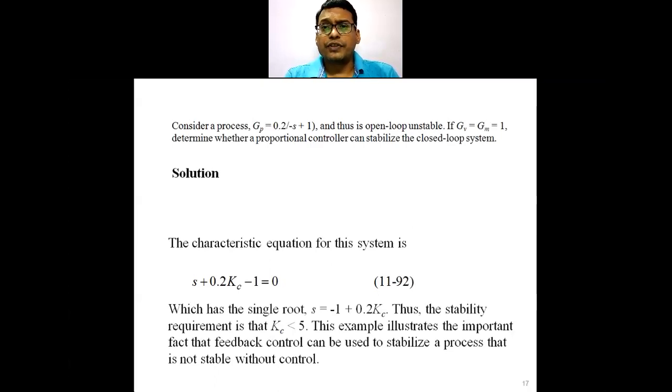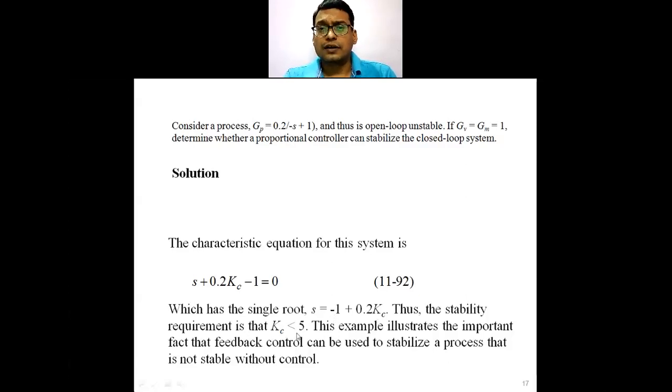So if GP is the transfer function of the open loop, for example 0.2 upon S plus 1, I can simplify this to S plus 0.2 Kc minus 1, which is a single root S equal to minus 1 plus 0.2 Kc. The system is stable if Kc is less than 5.